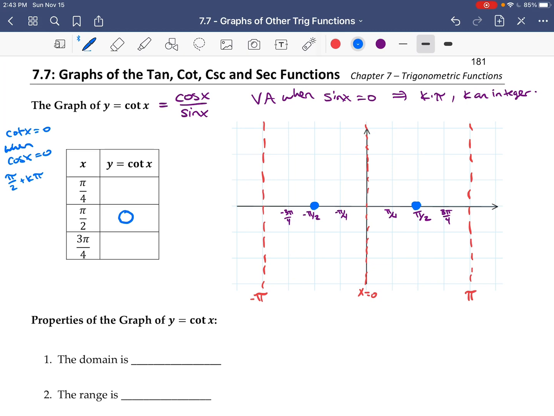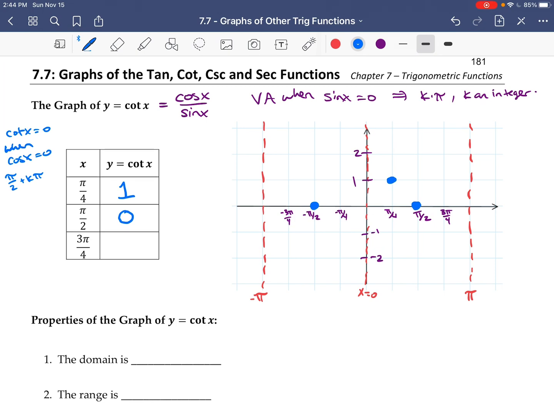Now at pi by 4, remember sine and cos are the same. They're both root 2 over 2. So cotan of pi by 4 is going to be 1. Okay, so let's put 1 here. Cotan of pi by 4 is 1. Okay, 3 pi by 4.